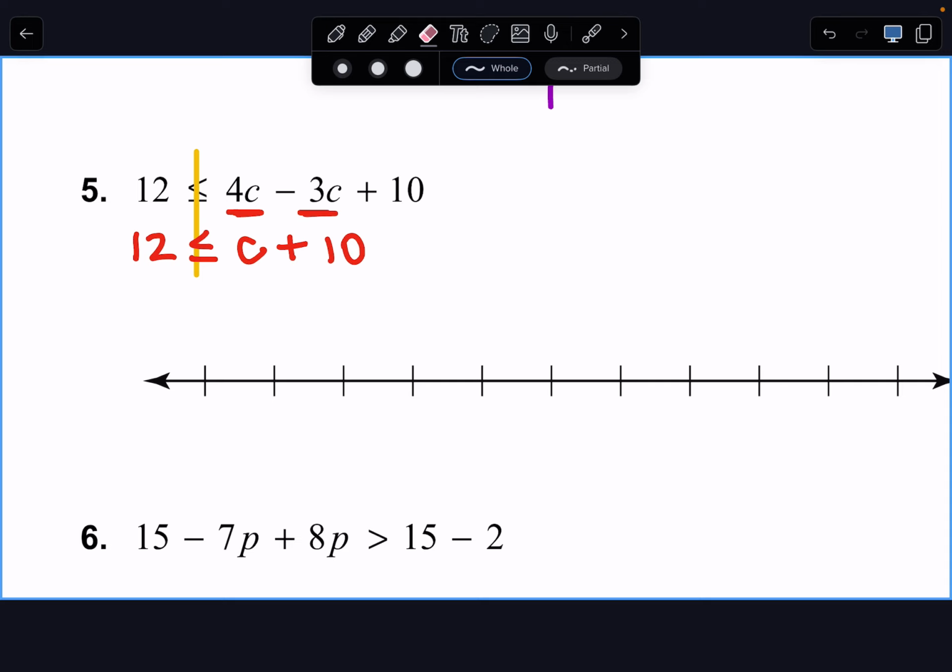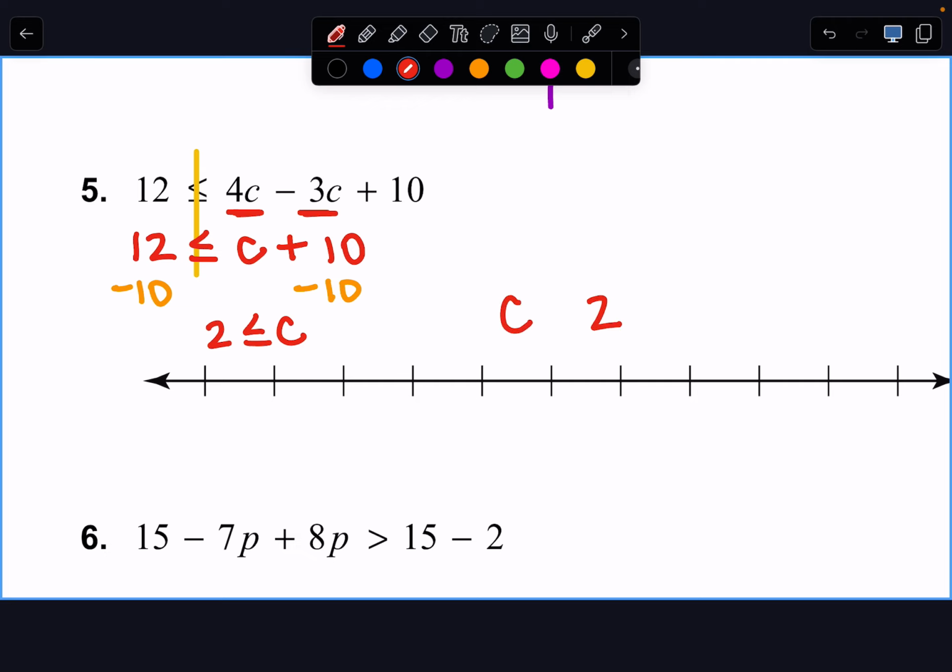Eliza, what do we need to do to get C by itself? We need a minus 10. So we can minus 10 from both sides to get 2 is less than or equal to C. I like rewriting it to be the variable on the left side.